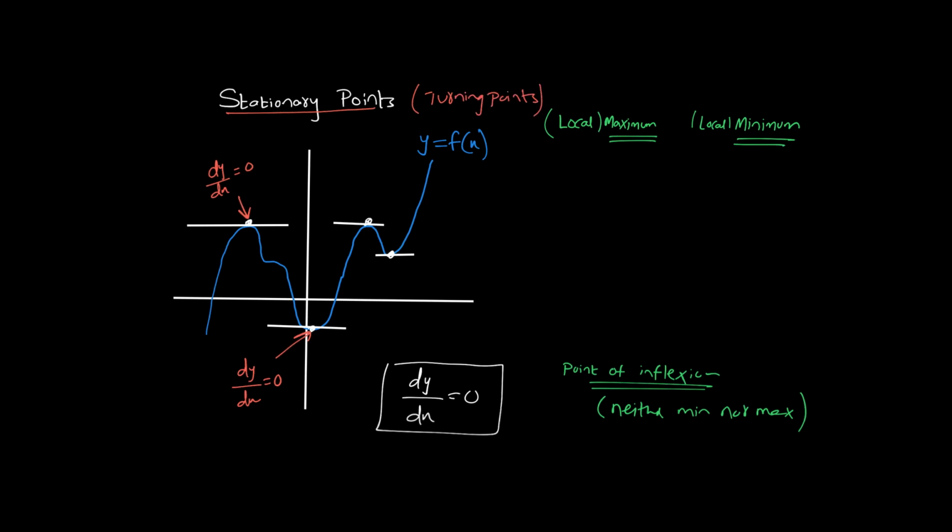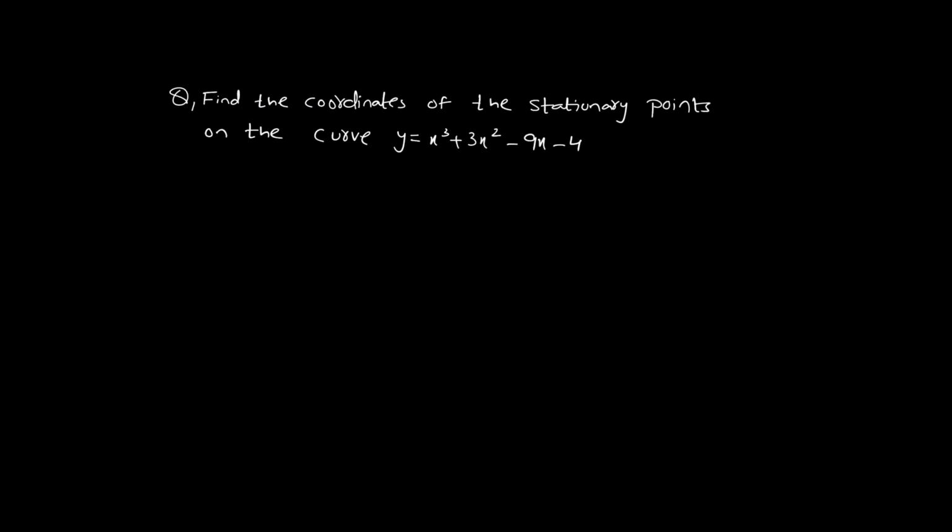So let's look at a question. You need to find the coordinates of the stationary points on the curve y equals x cube plus 3x square minus 9x minus 4. So you have the equation of the curve. For a stationary point, you need to take the gradient, which means you need to differentiate this equation.